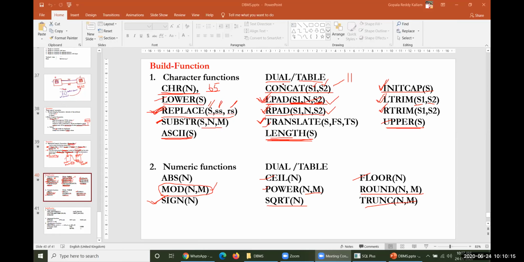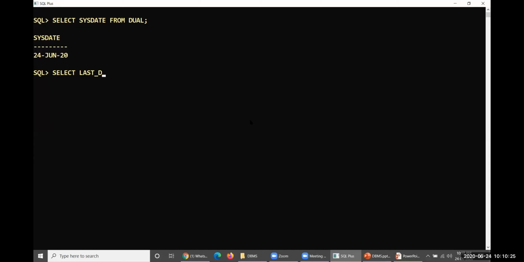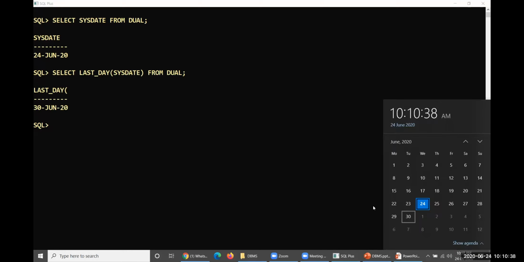And similarly, to produce the last day of this particular month, select LAST_DAY of SYSDATE from dual. So the last date will be 30th of this month. If you open your calendar, you could observe, yes, 30th is the last date here.